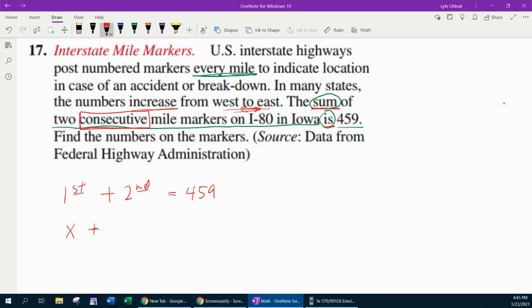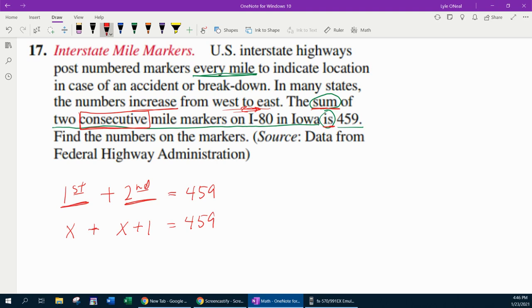So whatever the value is on the first marker, the second one would be 1 more than that. And since I have no idea what the first one is, the second one is going to be x plus 1. Whatever the first one said, the second one will be 1 more than that. Now remember, this is the setup if you're going from west to east.